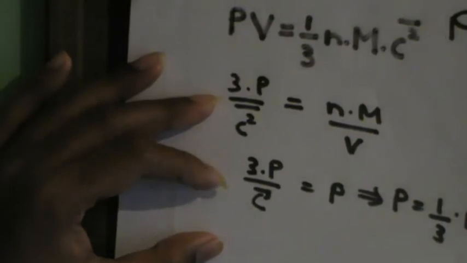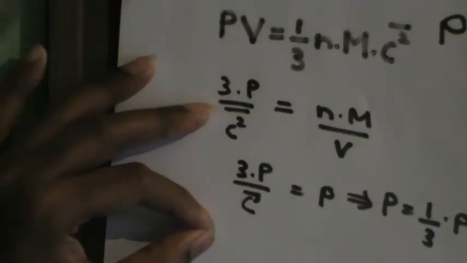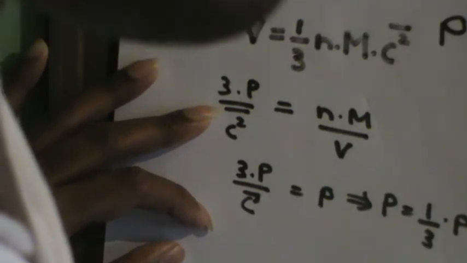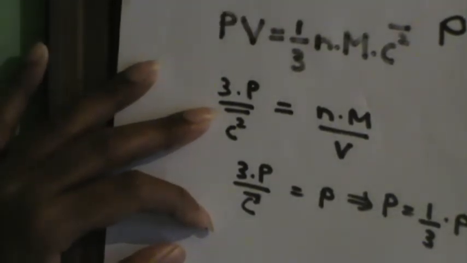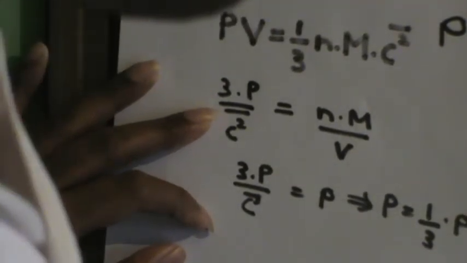So from the kinetic theory of gases, you can derive another relationship like this. So why is this important? Now let's take a simple example in which we have to find the density of a gas.